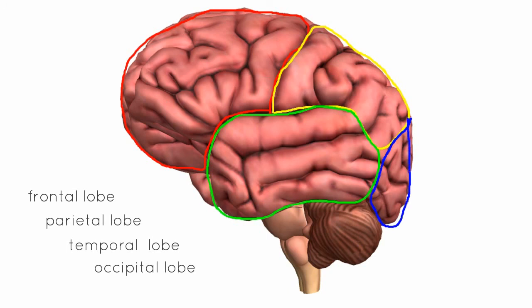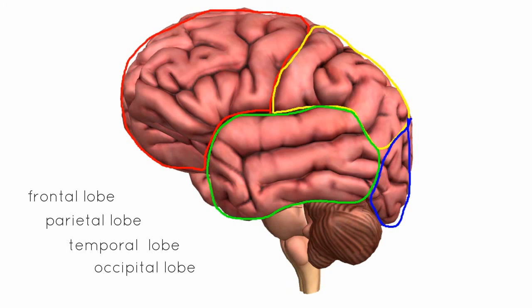So this is quite a rough illustration of the four lobes, but I wanted to show you how the central sulcus and the lateral sulcus are important in defining these different areas. So anterior to the central sulcus you've got the frontal lobe, posterior to it you've got the parietal lobe, and inferior to the lateral sulcus you've got the temporal lobe. So the frontal lobe is important in decision making, problem solving and planning.